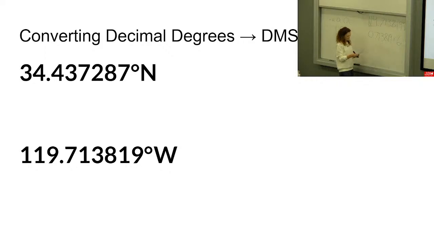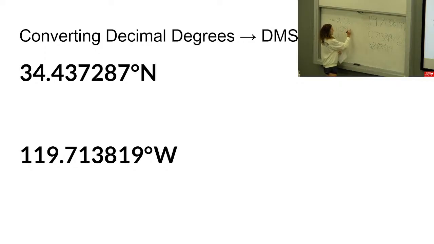So when you multiply that, that gives you this big number. So we got 42.82914. The only part we need for our final answer is this 42 in front of the decimal.